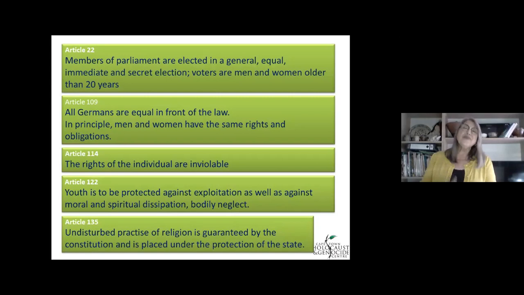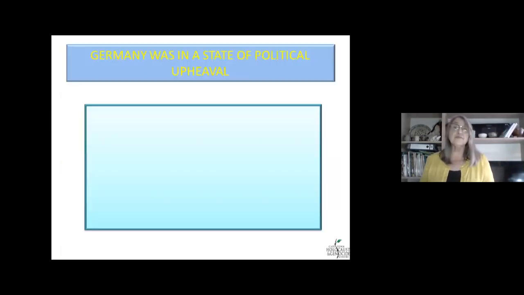So this was a really advanced constitution and a very, very reasonable constitution, not unlike our own. If you look at some of these articles and you look at articles in our constitution, they are very similar. But Germany was in a state of political upheaval, so people couldn't come to an agreement about things.